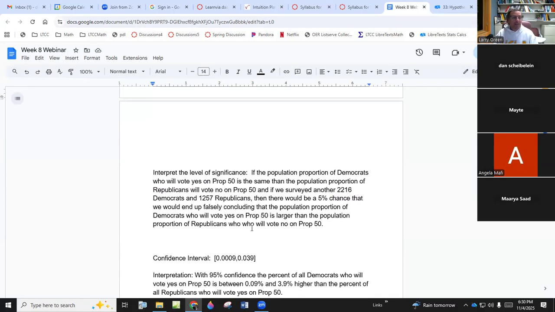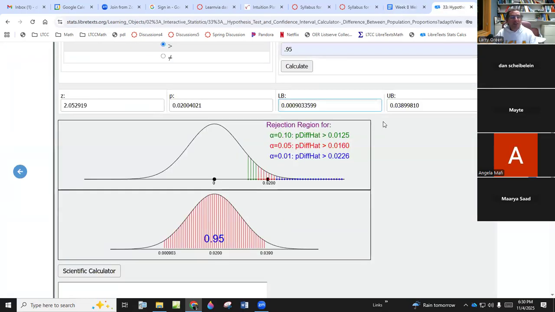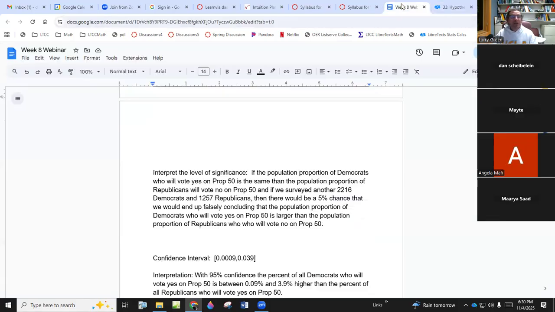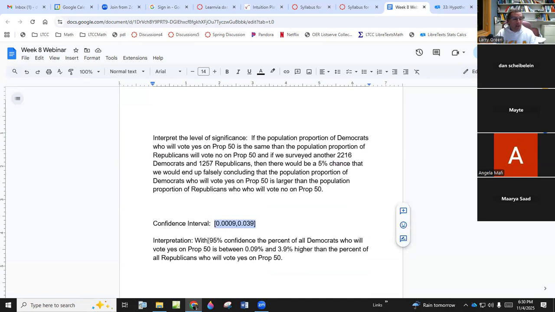Okay, let's look at the confidence interval. Again, the confidence interval went from 0.0009 to about 0.039. So there's our confidence interval. And let's interpret it. Hopefully you remember, I know it's been a couple weeks, but the first word of an interpretation of the confidence interval is "with." And you have to have that word. Okay, nothing's changed.